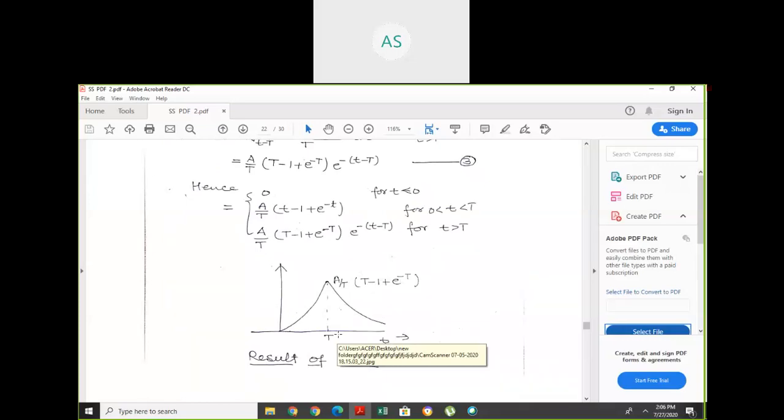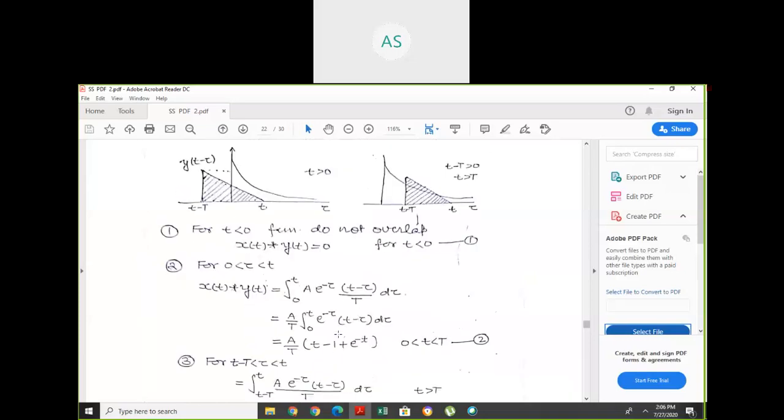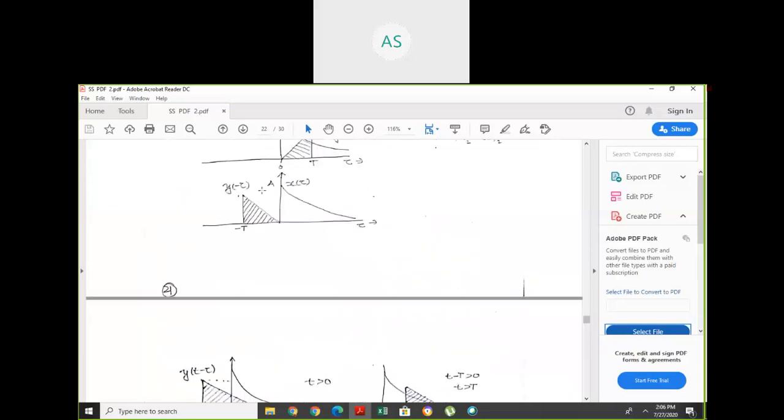to find out the multiplication area or common area of two signals. In this case, note that there was no common area, no multiplication area, so the output here is 0.